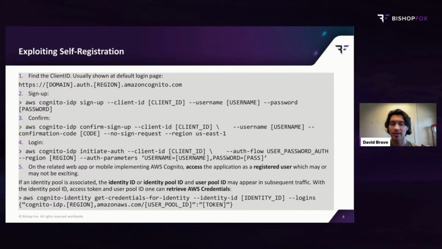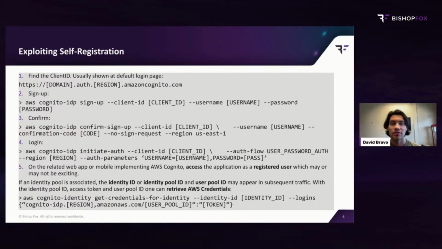Generally speaking, let's say you're assessing a web application and you're in Burp and you're seeing some traffic during the sign up phase or during other functionality where traffic is going to a particular domain that looks like this. Sometimes a custom domain, sometimes a default domain, .auth.region, and then amazoncognito.com.